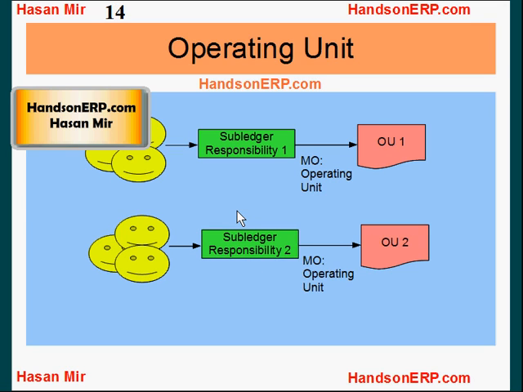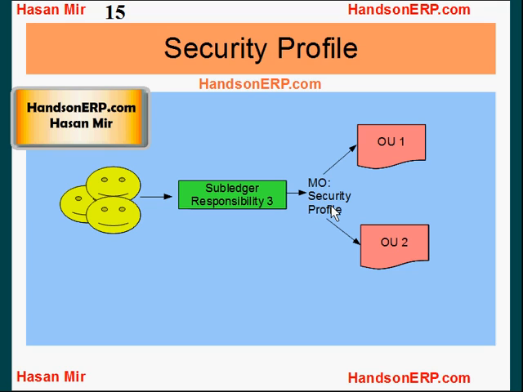But in case of subledgers, we have a profile option called MO operating unit, and this is used whenever you want to have access to one operating unit. If you want to have access to multiple operating units through a single responsibility, then you are not going to touch the MO operating unit profile option. Instead, you will be using the MO security profile option.